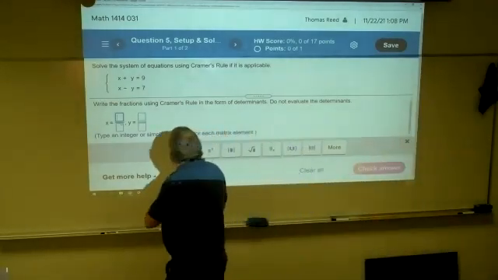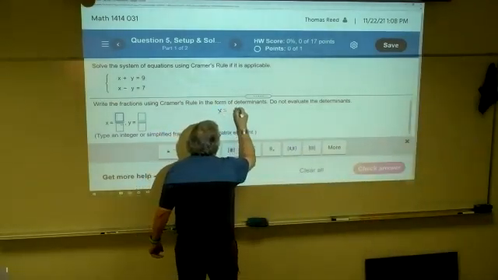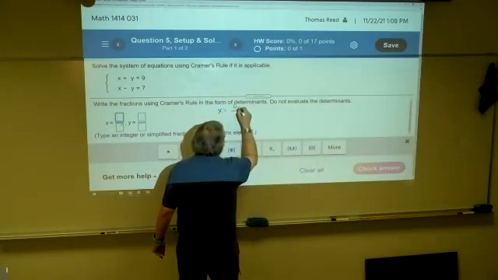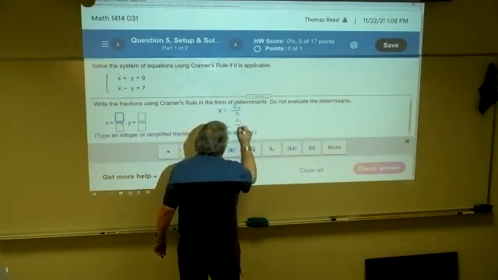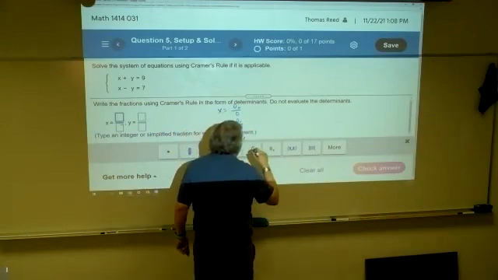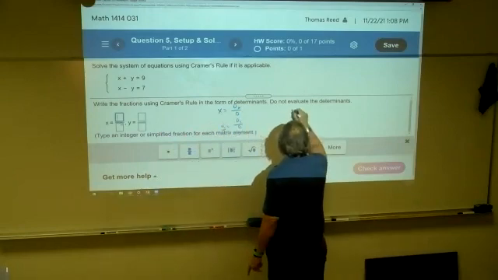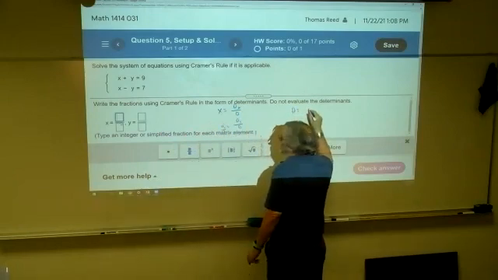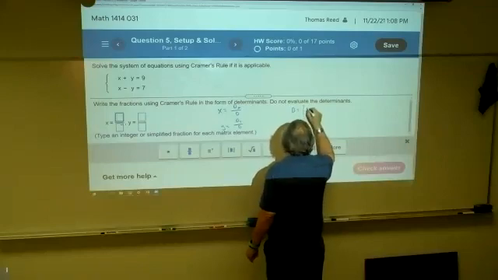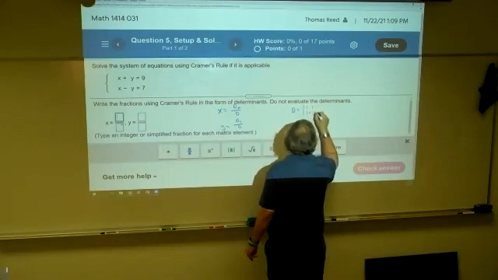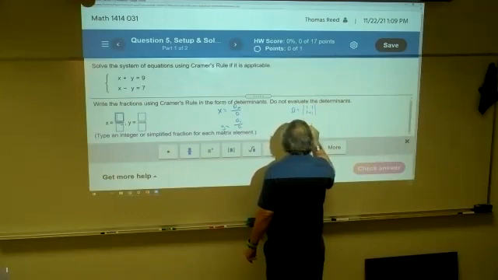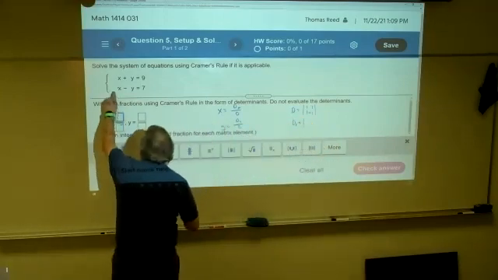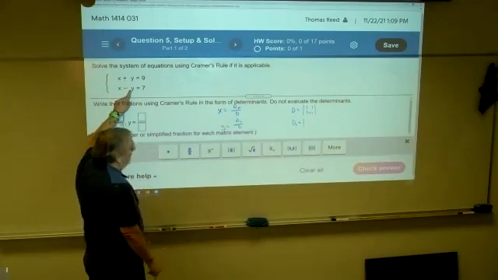To find Cramer's rule, x equals d sub x divided by d, and y equals d sub y divided by d, where in this case, d is the determinant of the matrix involving the coefficients, which are 1, 1, 1, and -1.